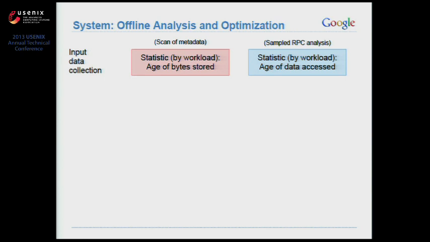Secondly, on the right side, you see we do some sampled RPC analysis of the read operations. This gives us a statistic of the age of the data which is accessed: for a given age, how many read operations go to data which is younger than this age.